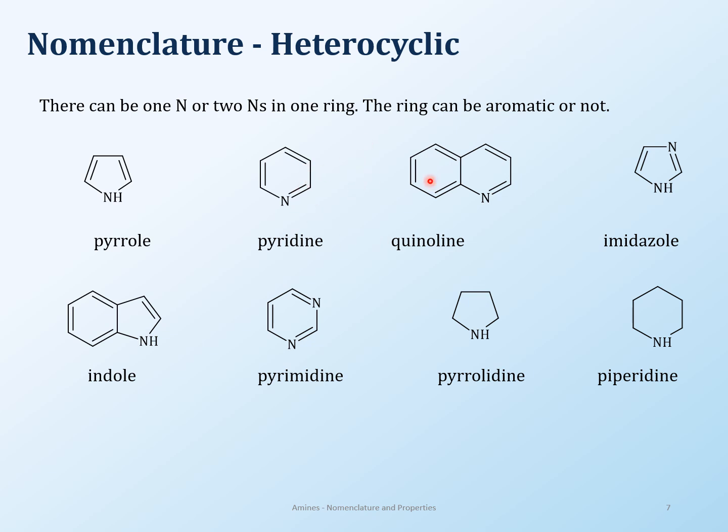Some of these you will encounter when you get to biochemistry, things like indole and imidazole. And for us, really, we stick to pyrrole and pyridine. Pyridine is a common base and solvent that we use in organic, and pyrrole is a starting material for a lot of things. But here, just a list for you for the heterocyclics.